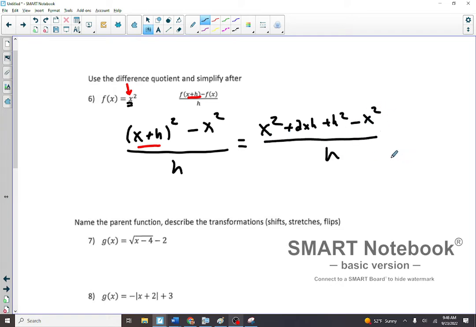You can take away the x squared terms. And then 2x plus h. Good. So after I simplify the x squares, I can take out an h everywhere, so I'm left with 2x plus h. You will learn later there's a way to eliminate the h, but that's chapter 2.